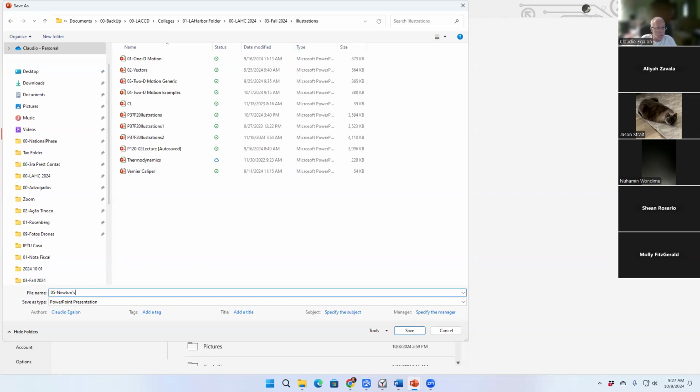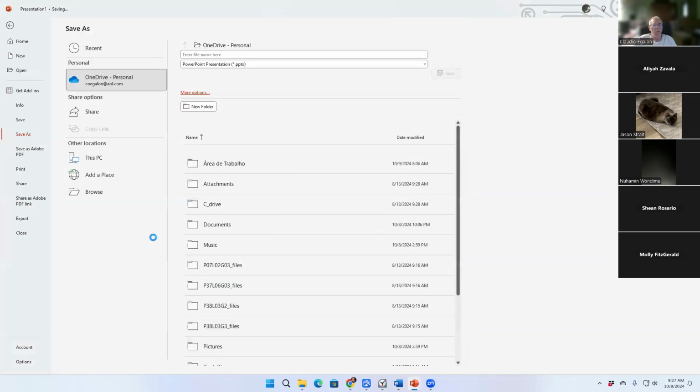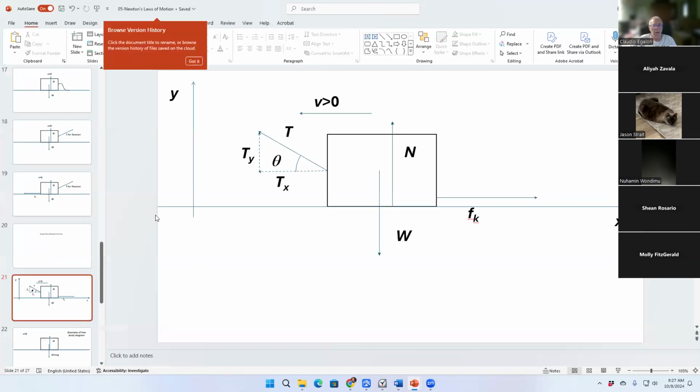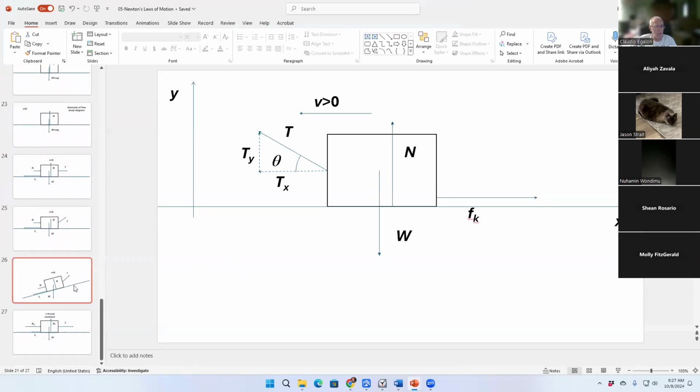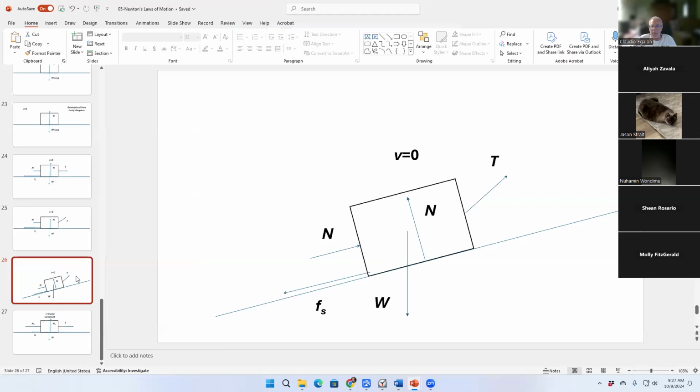Newton's laws of motion. We see it's plural. We have more than one law of motion. And then we can come up with other types of problems. For instance, this one here.